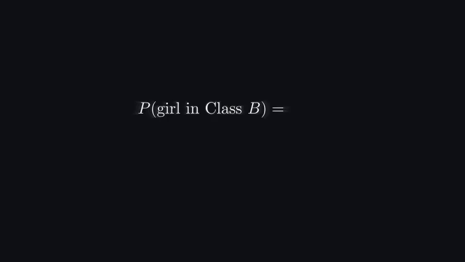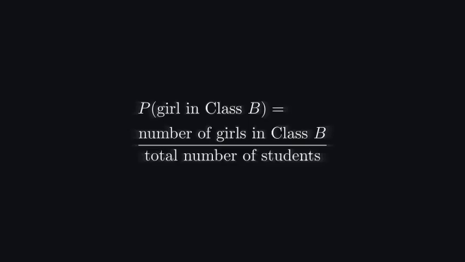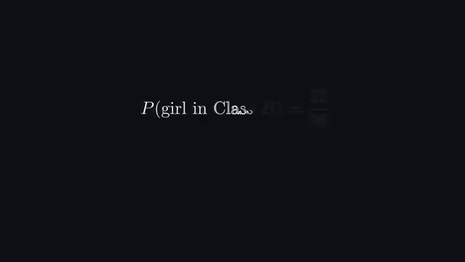Probability of girl in Class B equals number of girls in Class B over total number of students. Probability of girl in Class B equals 22 over 96.